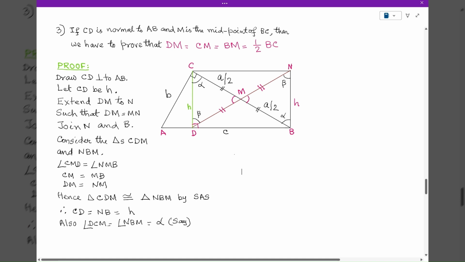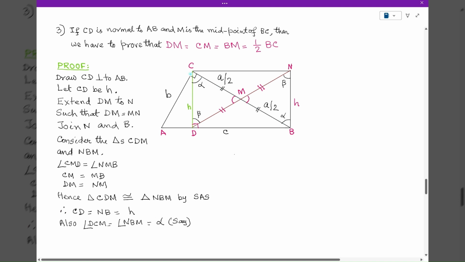The third property we are required to prove is if CD is normal to AB, and M is the midpoint of BC, then we have to prove that DM, that is this, is equal to CM, which is this, is equal to BM, which is this, and each of these three is equal to half of BC.